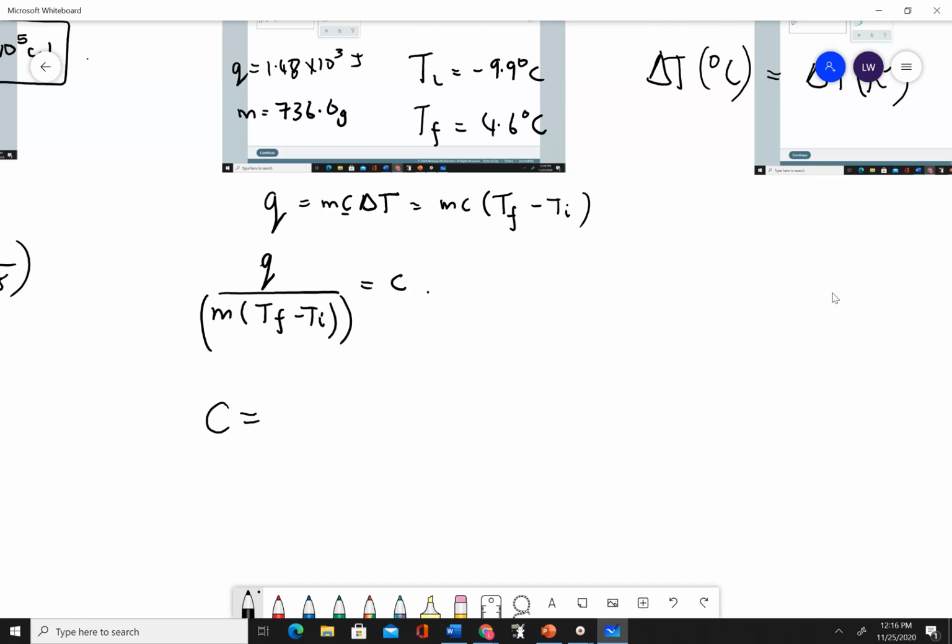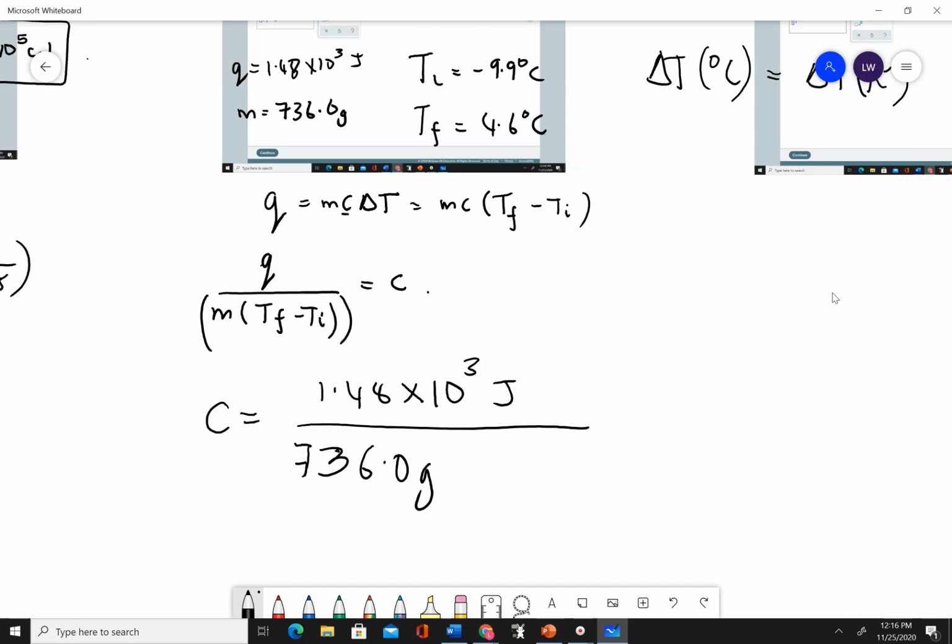So C is going to be 1.48 by 10 to the 3 joules. The mass, 736.0 grams, multiplied by, and then T final, 4.6, minus 9.9, so plus 9.9.